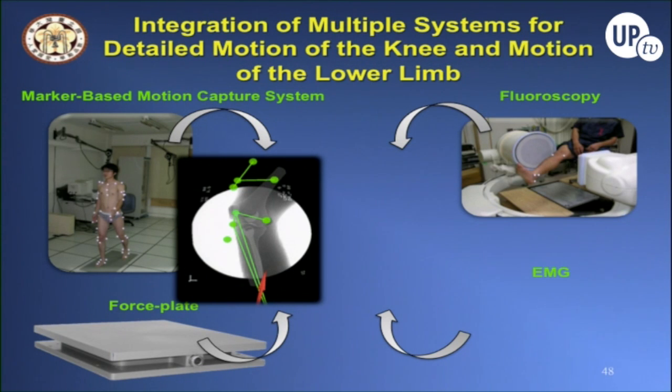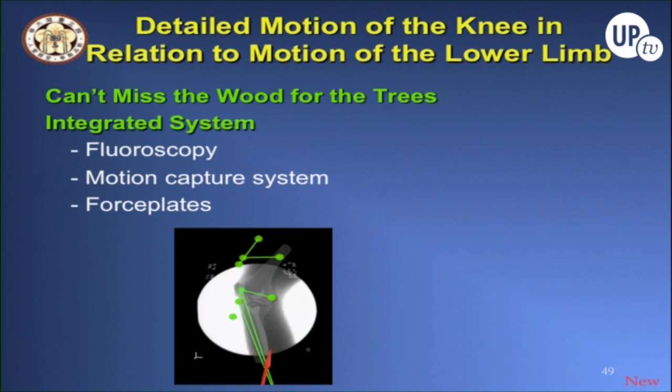I don't know why. Somebody has taken my EMG system. Anyway, we could put the four together, and we can measure not only the whole body motion, but also the detailed motion of the knee, and we can also measure the ground reaction forces. With this integrated system, you won't miss the wood for the trees.